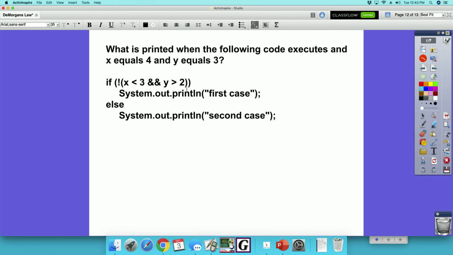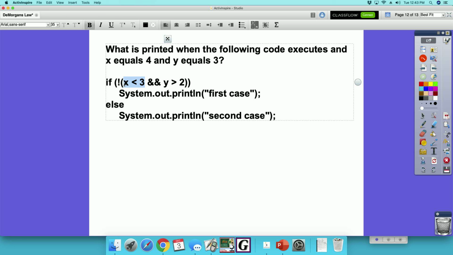All right, so let's try this again. 4 is less, so this guy is false. Because the first one's false, and this is an and, I don't even have to look at the second one, because this Boolean expression is short-circuited. Because they both have to be true, so I don't even have to look at this.